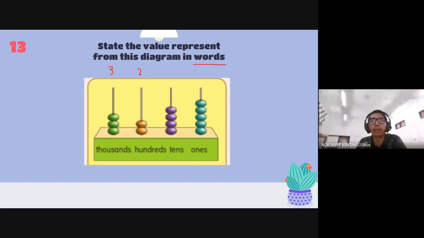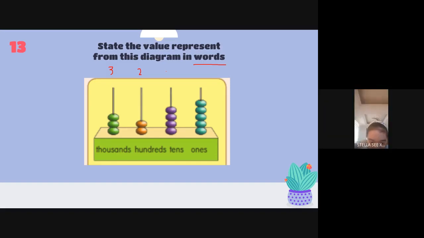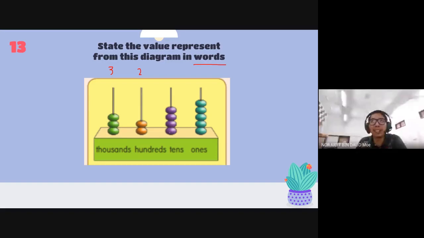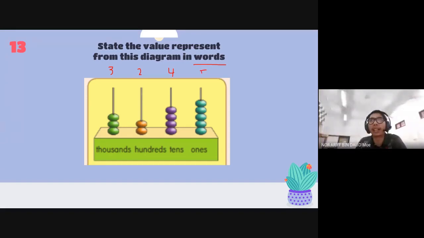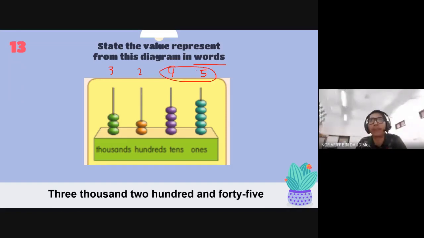Thank you. Can't see. Can you see? 1, 2, 3, 4. 4. Okay, the last one? Cakap. 5. 5, right. Okay, so 3,245. So we change into word, become like this.